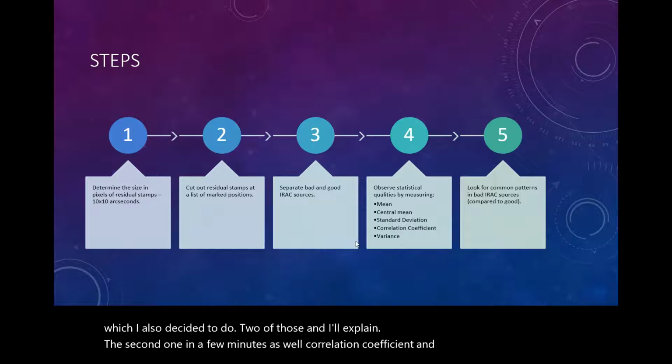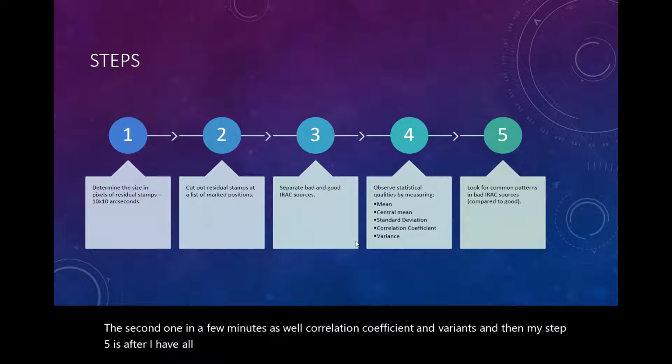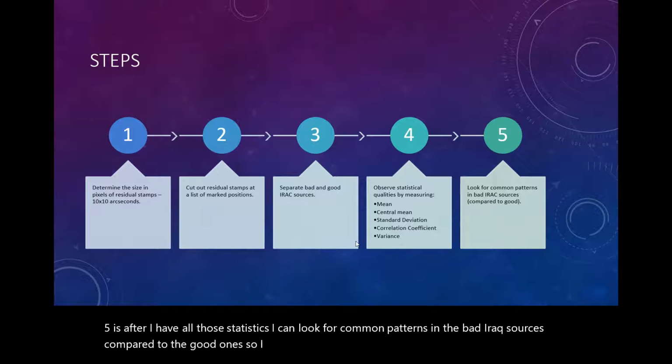And then my step 5, after I have all those statistics, is to look for common patterns in the bad IRAC sources compared to the good ones. So I can compare what those results look like and what the commonalities are in what makes an IRAC source classified as bad.